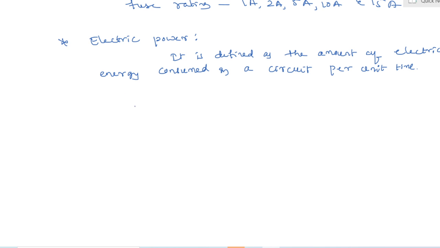If W be the amount of electric energy consumed in a circuit in t seconds, then the electric power is given by P = W/t. But W is equal to electric energy, which is nothing but V into I into t.